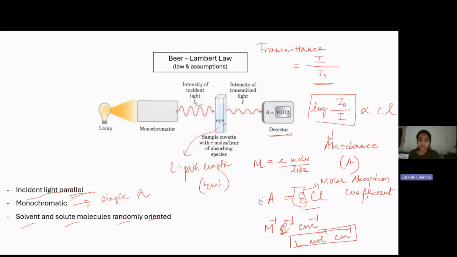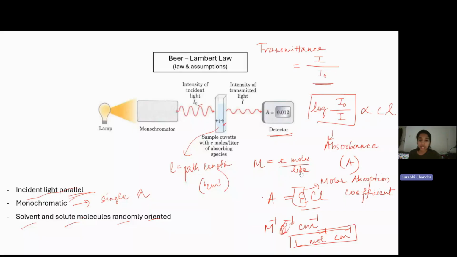Concentration is usually measured in molarity, like moles per liter. So you can write it as molarity inverse and path length inverse, which is in centimeters, or if you break molarity, which is number of moles per liter, then it becomes liter.